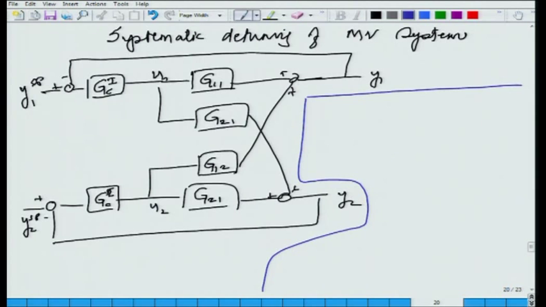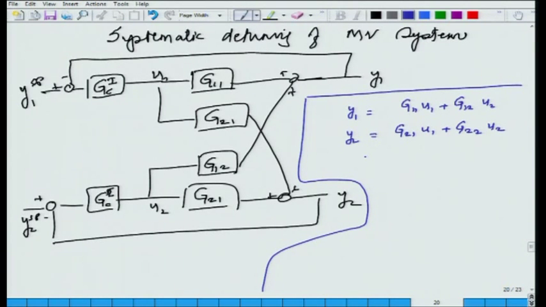Then what I have is Y1 is equal to G11 U1 plus G12 U2, and Y2 is equal to G21 U1 plus G22 U2.